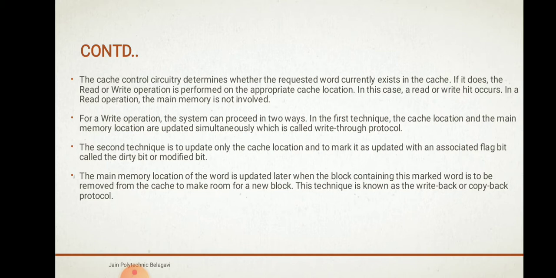Once we give an associated flag bit to the cache location, it should be updated to the main memory also. That will be done only when the word is removed from the cache, so that a new block comes there. This technique is known as write back or copy back.